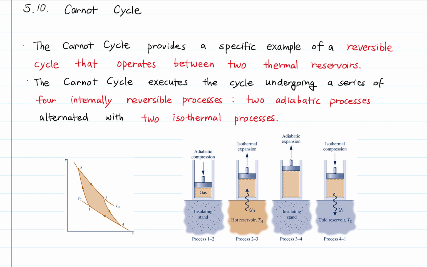Process 4-1. Reversible isothermal compression. Again, the insulation from the system is removed, and heat is removed from the system. That is QC.